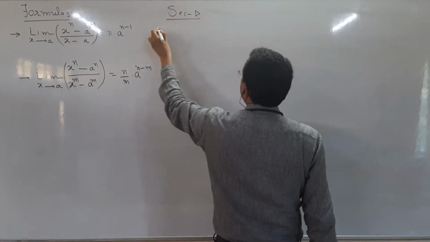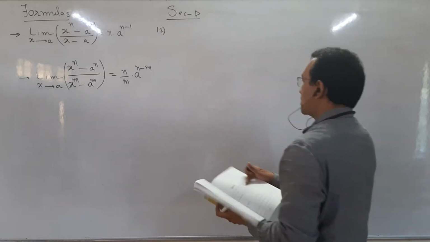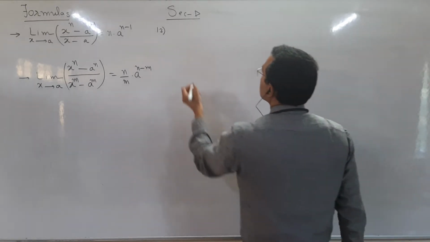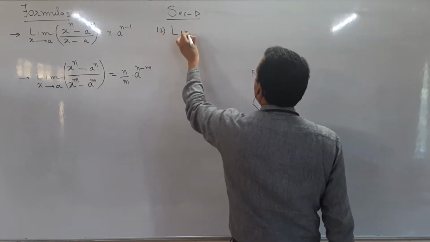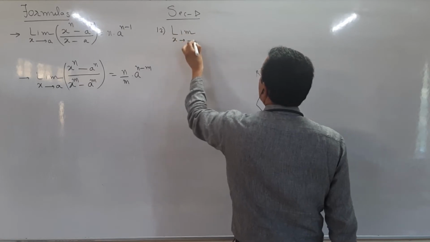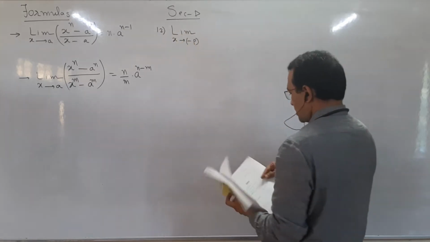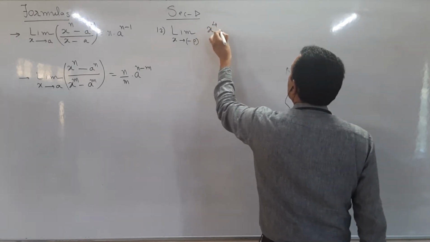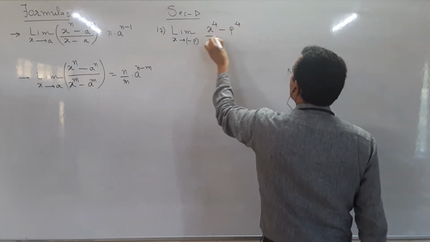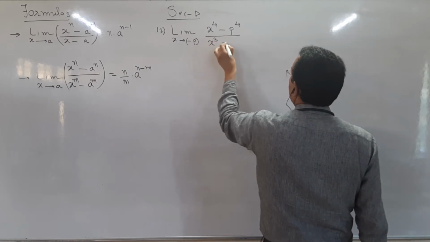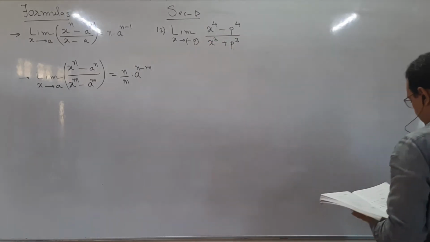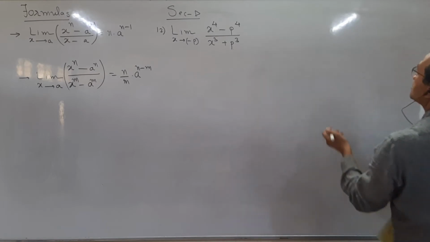Section D, sum number 12, limit x tends to minus p, x raised to 4 minus p raised to 4 upon x cube plus p cube. Okay, and then I am writing 14th sum.